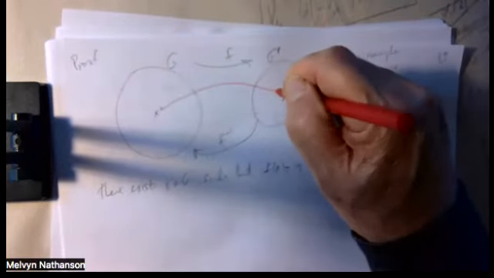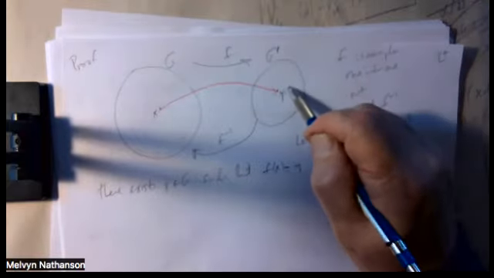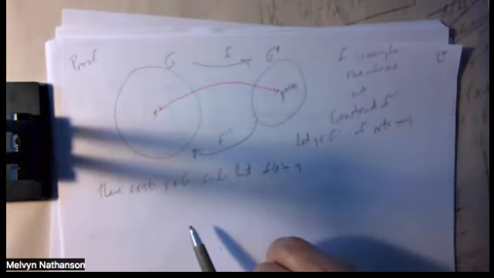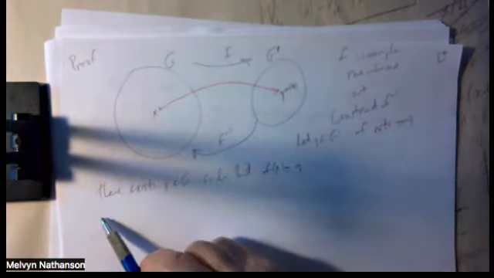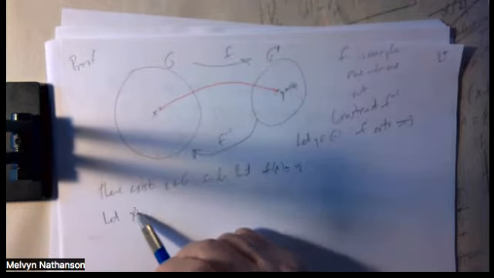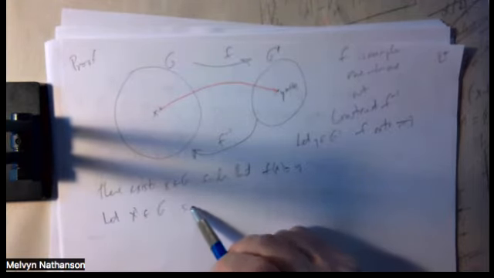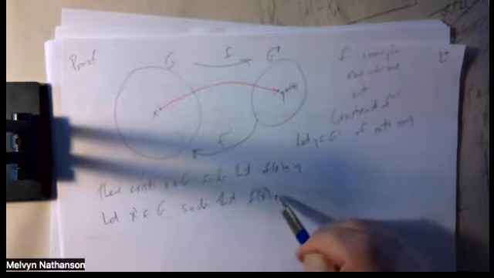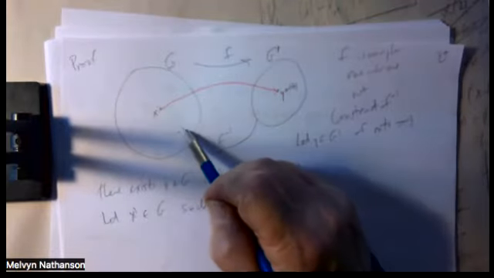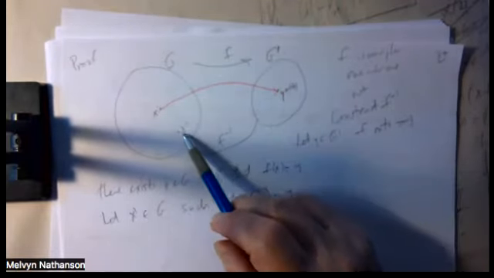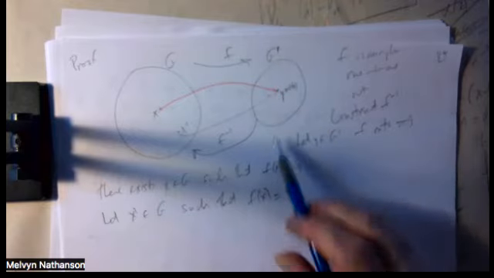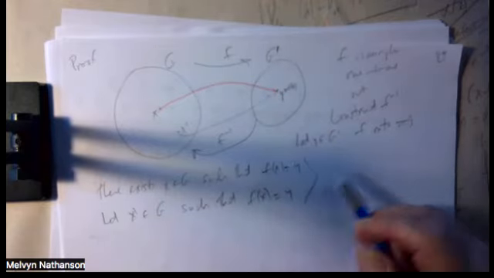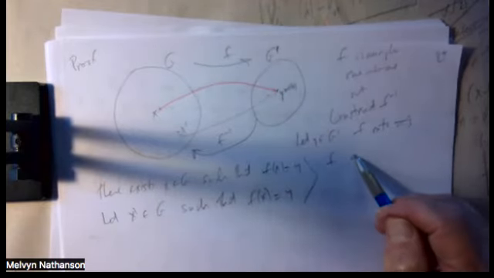There's some element x in G, and y is equal to f of x. Let x prime be any element in G such that f of x prime also equals y. So suppose we have another element x prime and f of x prime also equals y. But f is 1-to-1.